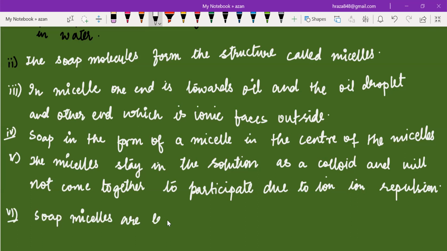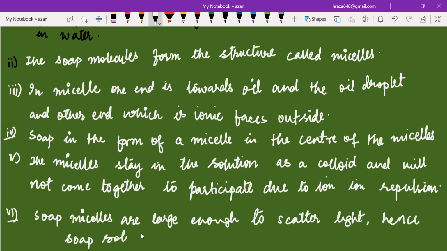Soap micelles are large enough to scatter light. Soap solution appears cloudy. So first you are going to write it, then I'll show you.